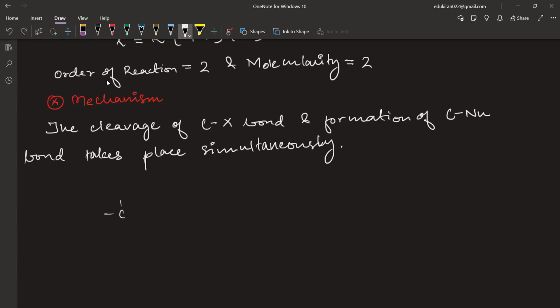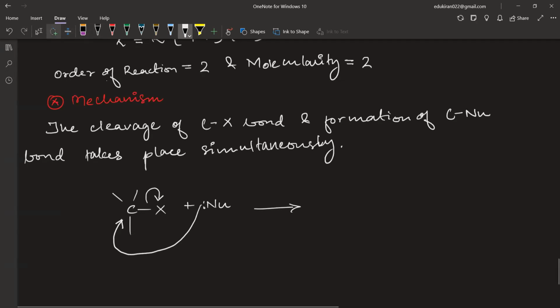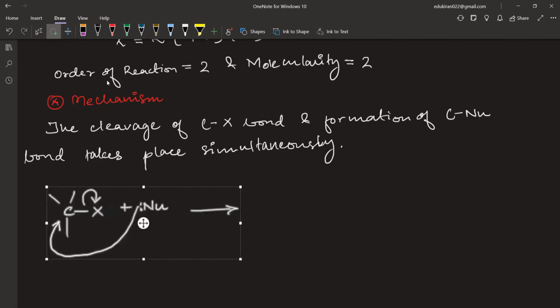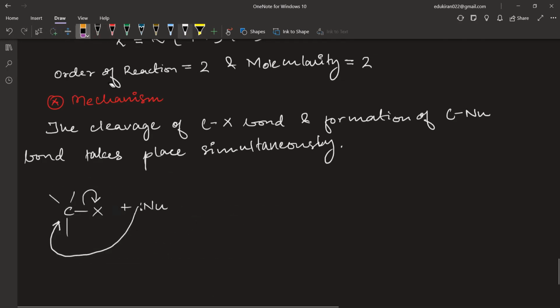We have a carbon-X bond like this. Okay. Draw this as so, the nucleophile will attack here and this bond will break, leading to the formation of a transition state.